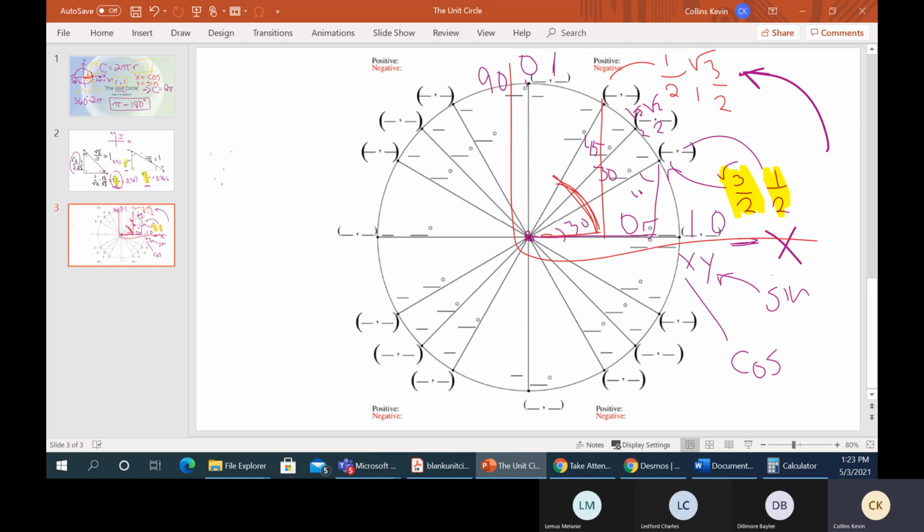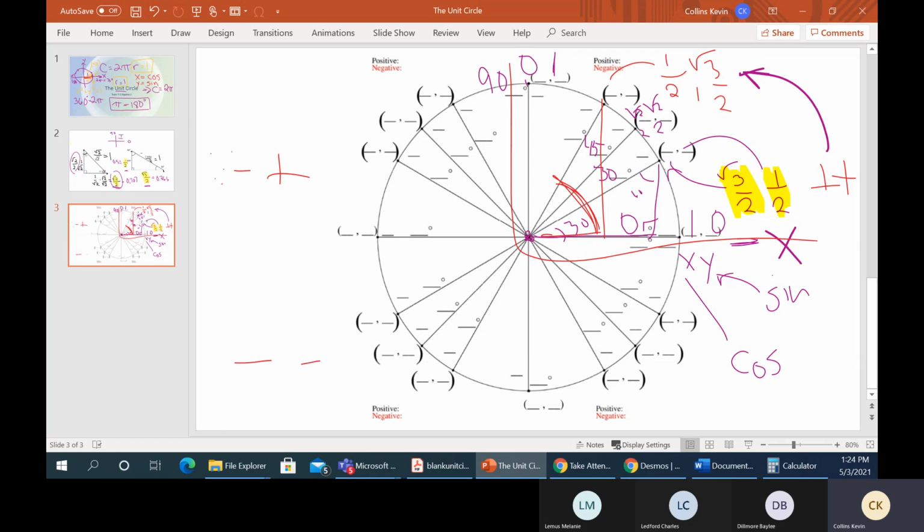Once you can do this first quadrant, the other quadrants are easy. So it's not like we have to figure this out 4 times in a row. You figure it out from 0 to 90. All you have to do then is notice these are both positives, right? Everybody's positive here. Then over here, your x values are negative, y values are still positive.